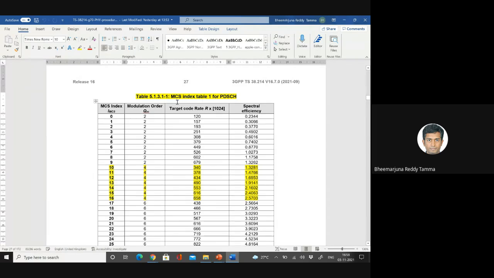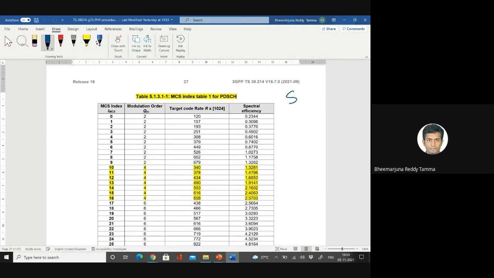That's what I was telling, but I didn't show you how exactly these things are selected. So let's look at the case. Depending on the channel quality, SNR, you did the mapping to MCS. So let's assume that that has been already taken care of.